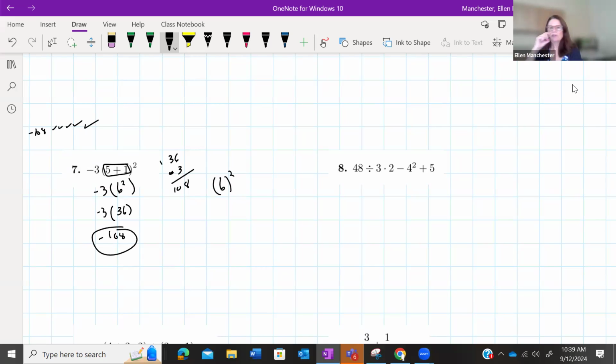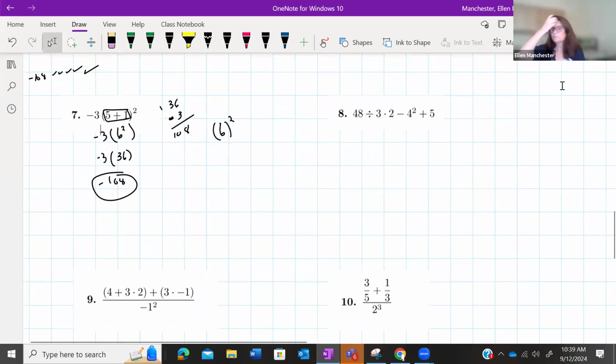Okay, number 8, go for it. So be careful reading it left to right. Division, multiplication, multiplication, division. And how many people are there? There's 10 people in Zoom. So I want 10 answers in the chat.